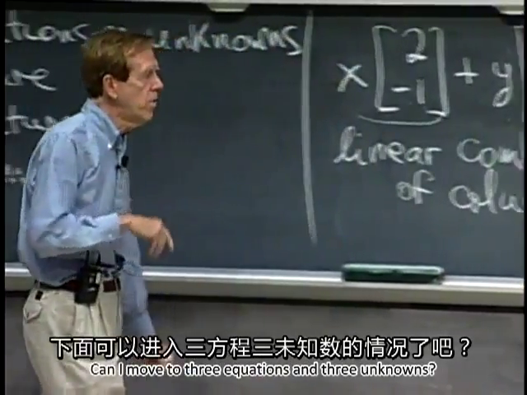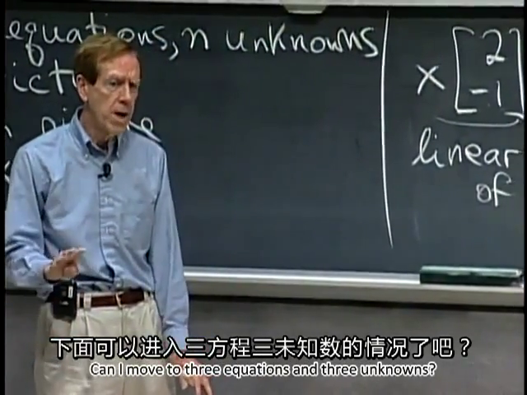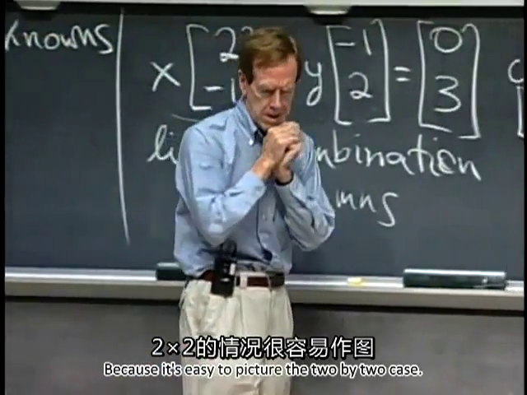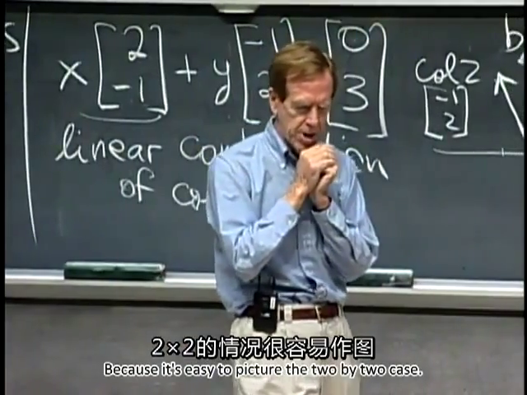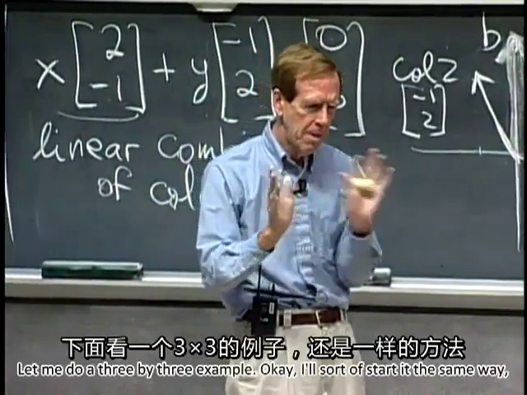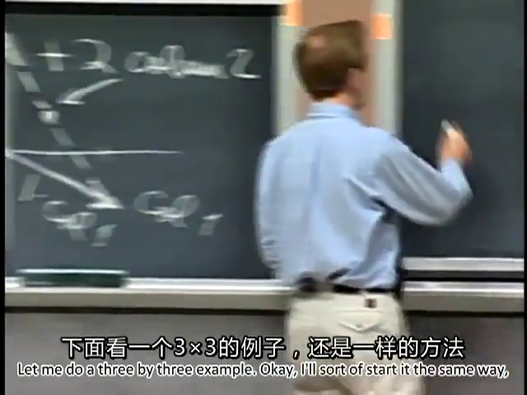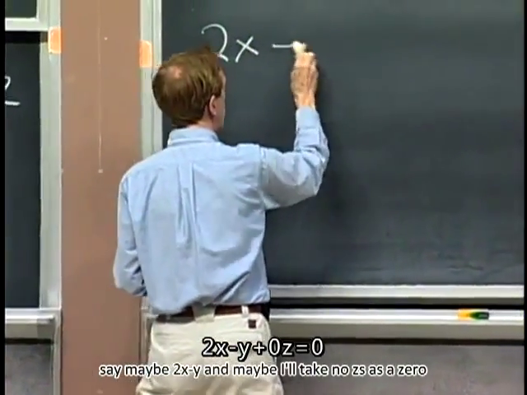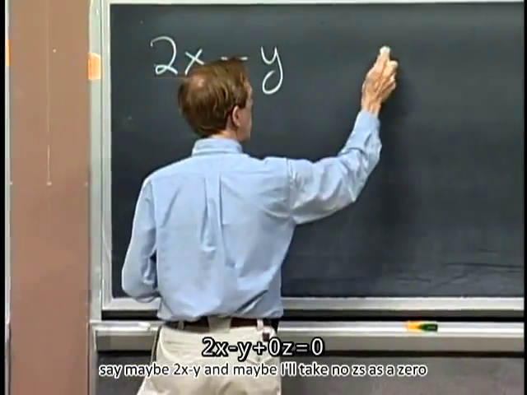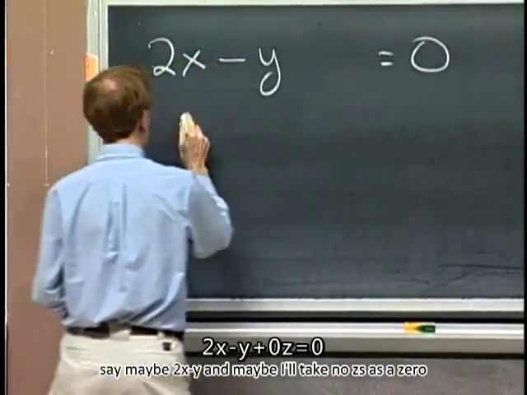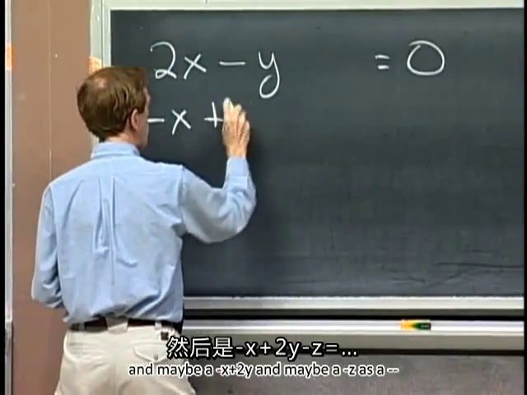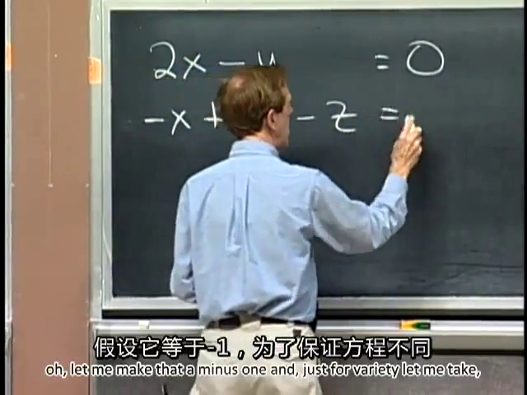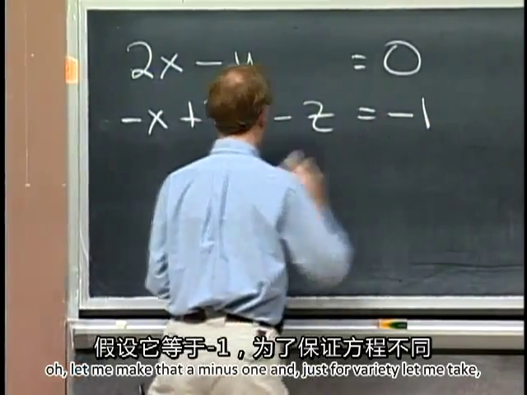Okay, can I move to 3 equations and 3 unknowns? Because it's easy to picture the 2 by 2 case. Let me do a 3 by 3 example. I'll start it the same way: 2x minus y, and maybe I'll take no z's as a 0. And maybe a minus x and a 2y, and a minus z is, let me make that a minus 1.